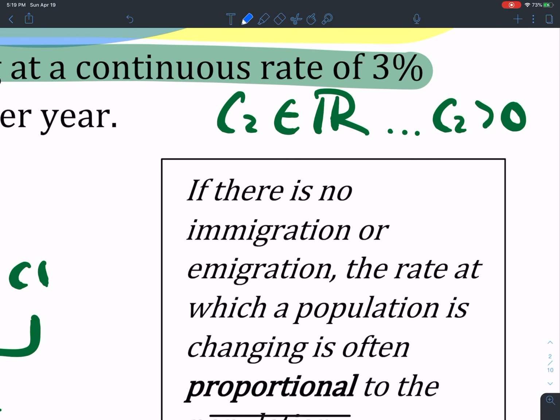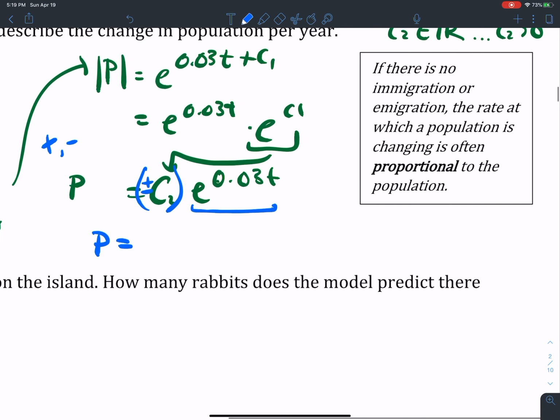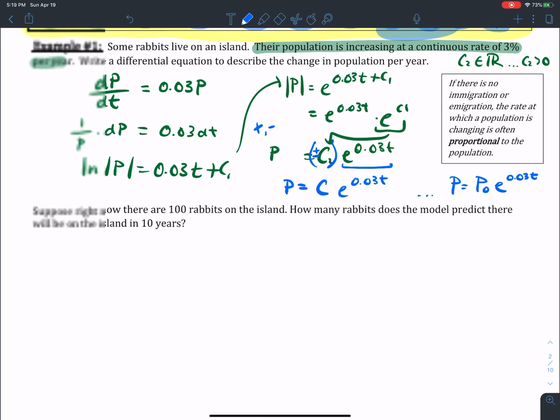If I include the negative, now it's just a real number. So rather than saying C2 is a positive real number and I can include the positive or negative of that, I'm just going to say C is a real number. So it could be any real number. So that's how we're handling those plus or minus signs. And I just chose C because it's more common to calculus. In a more applied state, we might choose P naught because it better implies initial population.